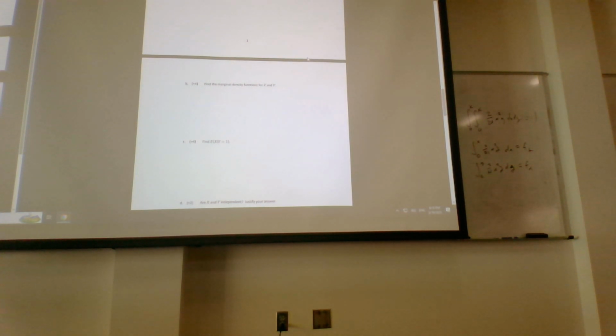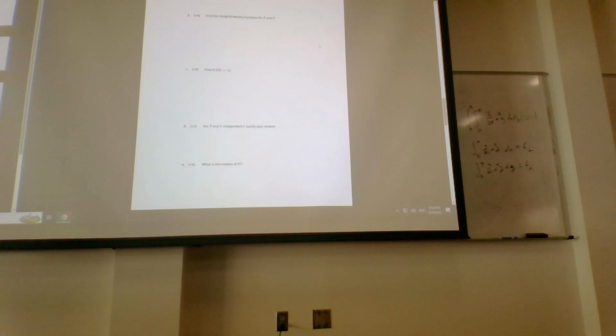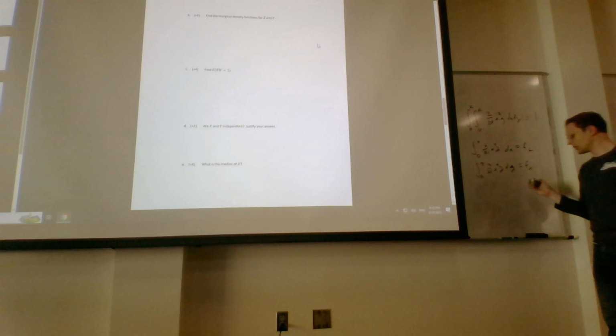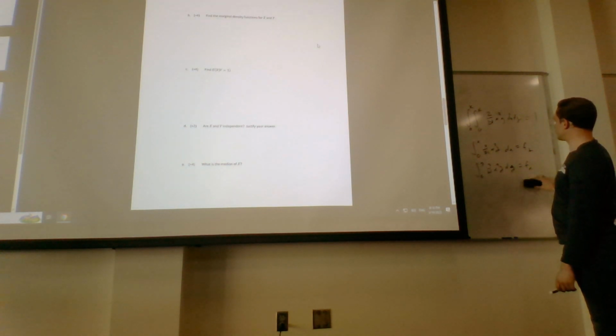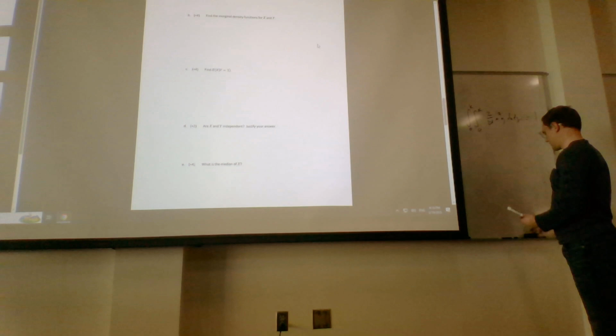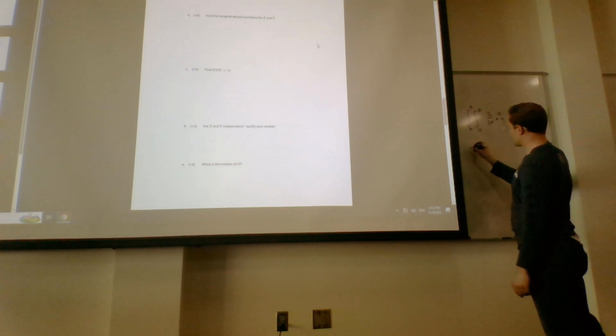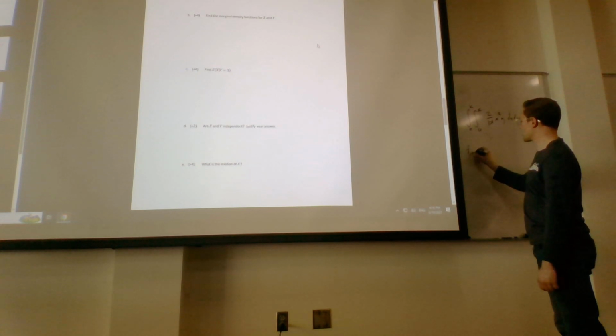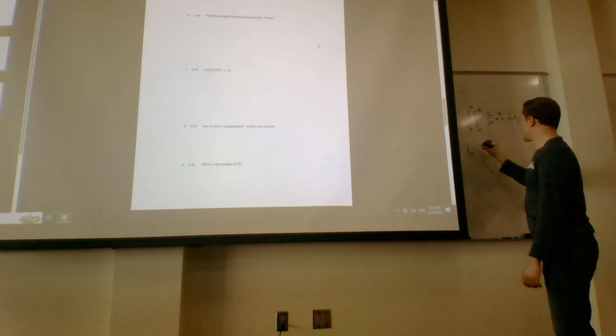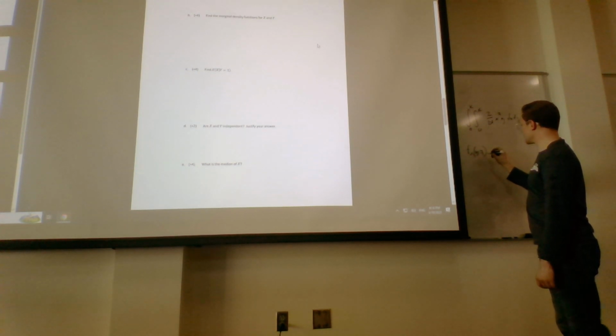Okay, here's your board. Find the expected value of x given y equals 1. Let's break this into two parts. First off, the conditional density for x when y equals 1, how are we going to find that?